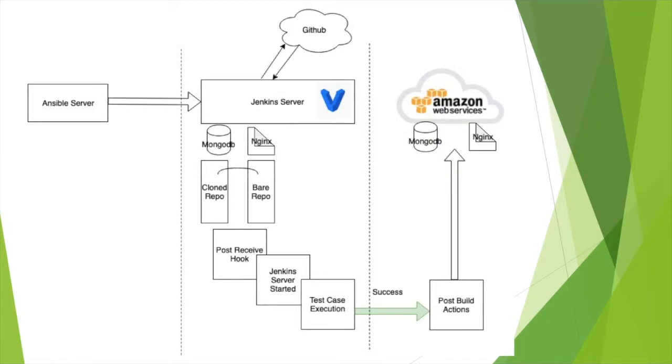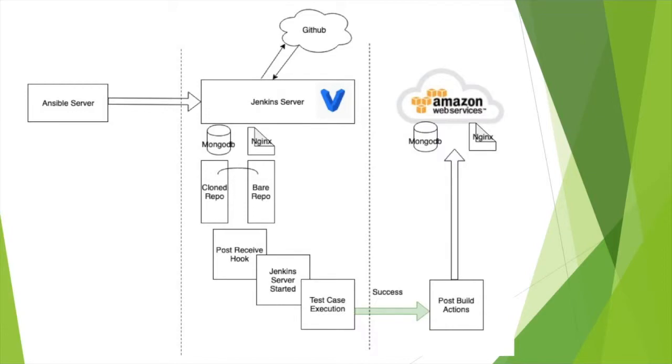When we create a change inside the clone repo and push it, the change gets pushed to the bare repo, and the post-receive hook gets triggered. This results in the Jenkins server starting the build, executing the test cases, and producing a build.